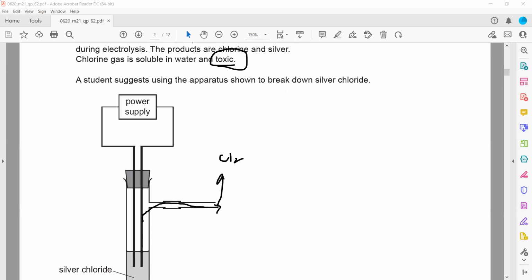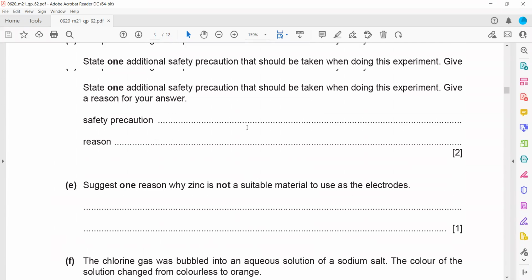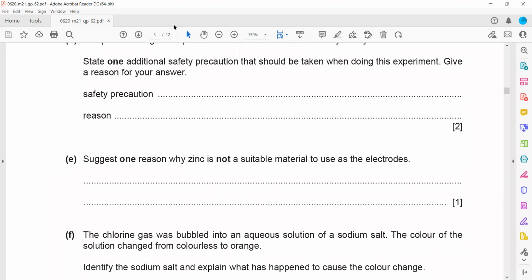So whenever a toxic gas is released, we should always perform the experiment in a ventilated room or a fume cupboard. We can mention a fume cupboard or a ventilated room. And what is the reason for performing this in a ventilated room or a fume cupboard?